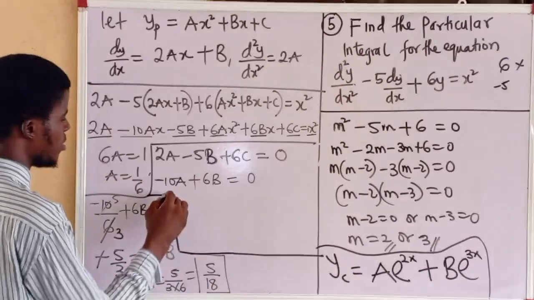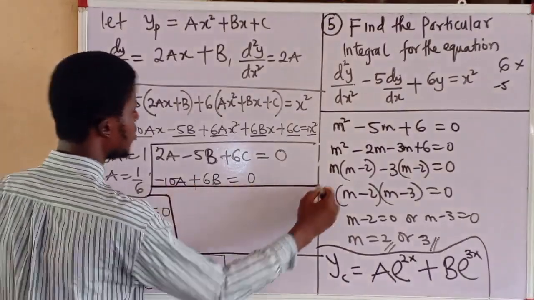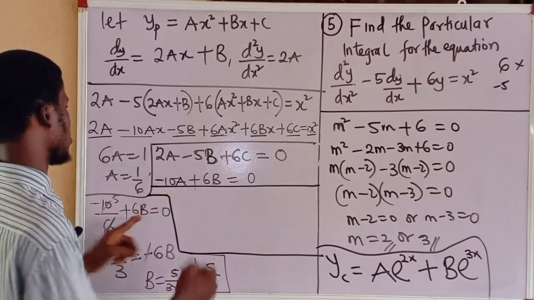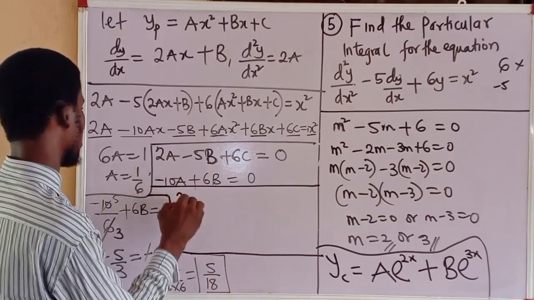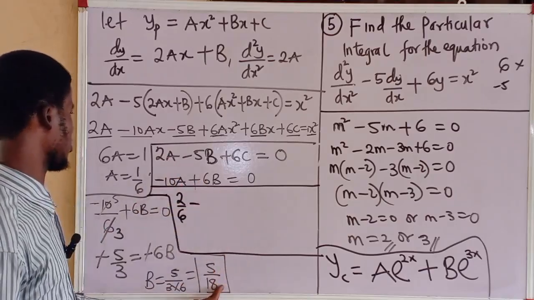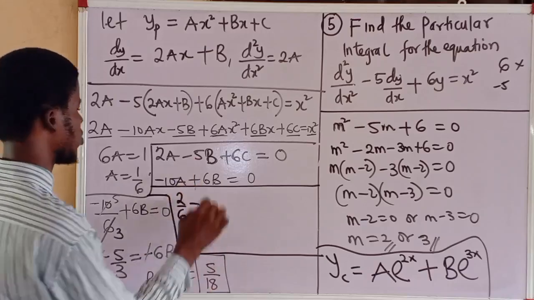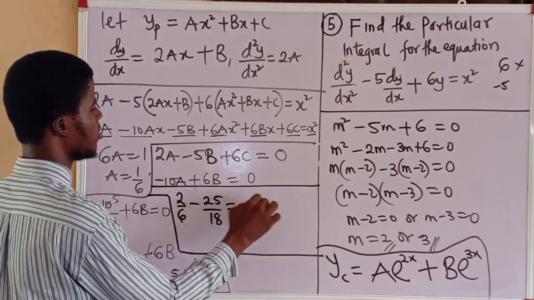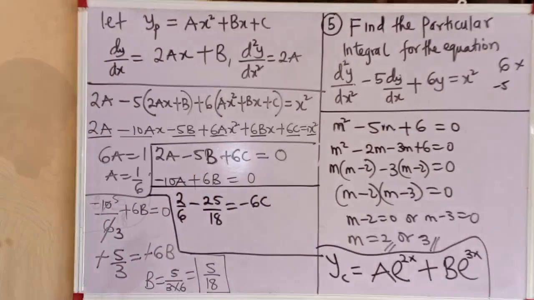From here now we can get c. a is already 1 over 6, b is 5 over 18. So let's put it here: that's 2 times 1 over 6, 2 over 6. b is 5 over 18, so 5 over 18 times 5 is 25 all over 18. So I want to take 6c to the other side. Okay.